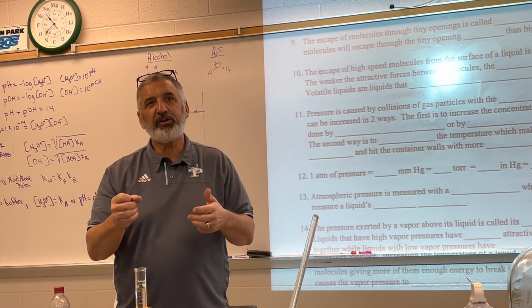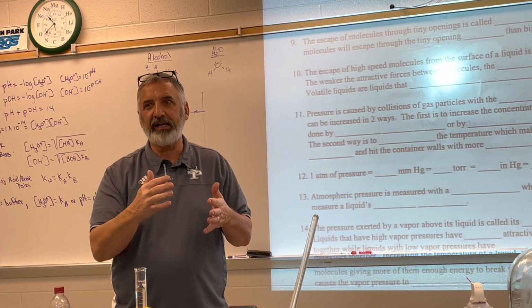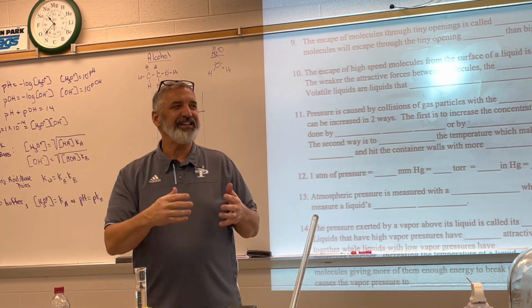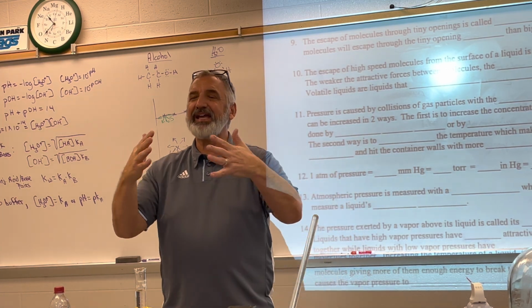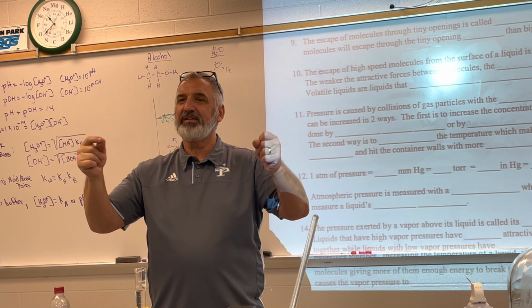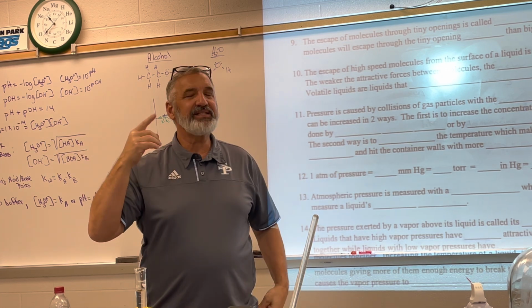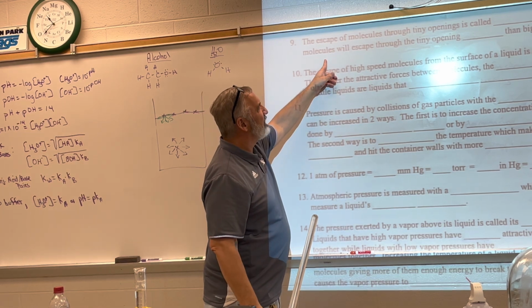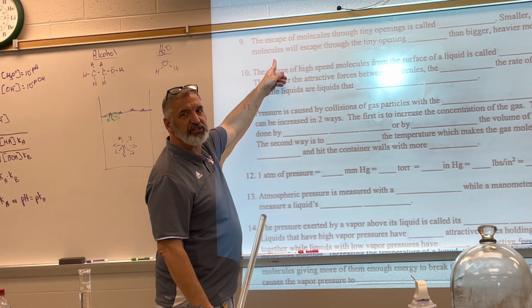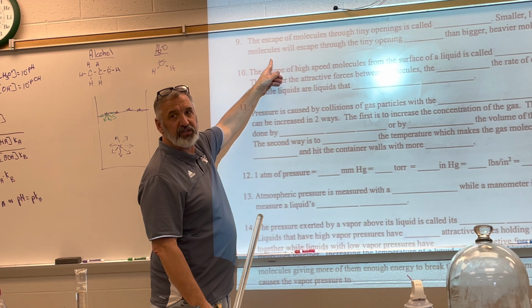Hey, go through this door, unlock it for me, I need to get something out of the house. That's the same thing as what's going on here. Tiny molecules can get through the smaller holes faster than the bigger molecules.